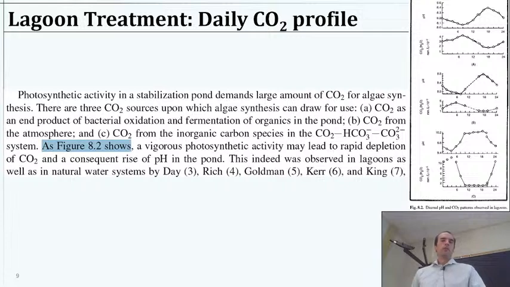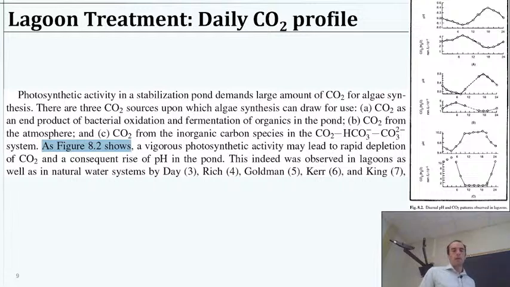So for a daily CO2 profile, we could say that the photosynthetic activity in one of these ponds is demanding a lot of CO2 for the algae. The first would be CO2 as an end product of the bacterial oxidation and fermentation of organics. The second is CO2 from the atmosphere, so how much CO2 is coming into the pond from the atmosphere.